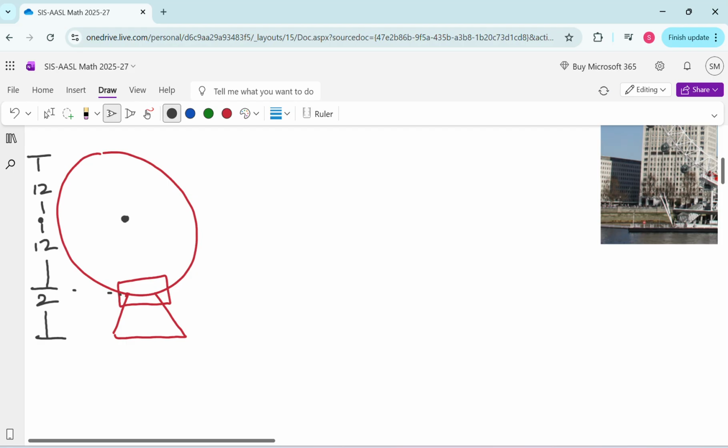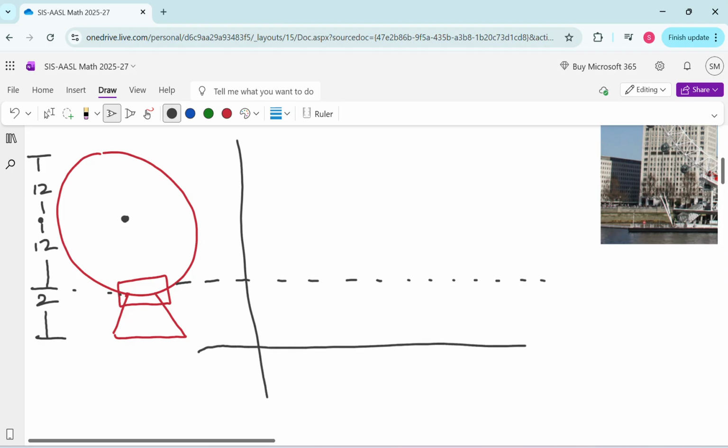So let me just represent this graphically. This is our lowest point. I'm just drawing a line at the lowest point. These are our x and y axis, the ground. On the x-axis, we will have time because time is an independent variable.